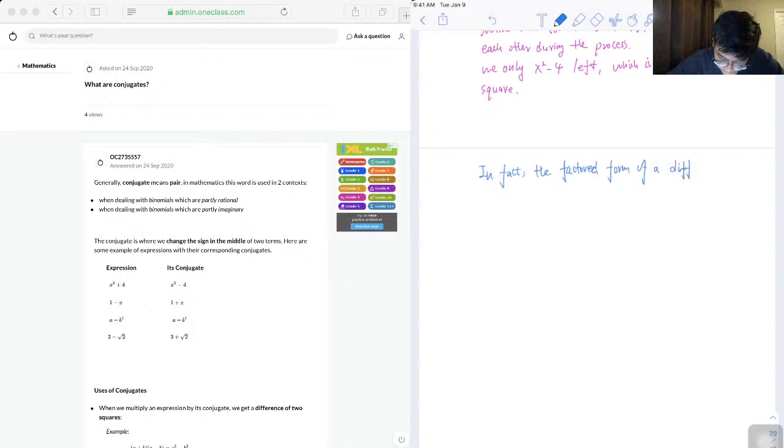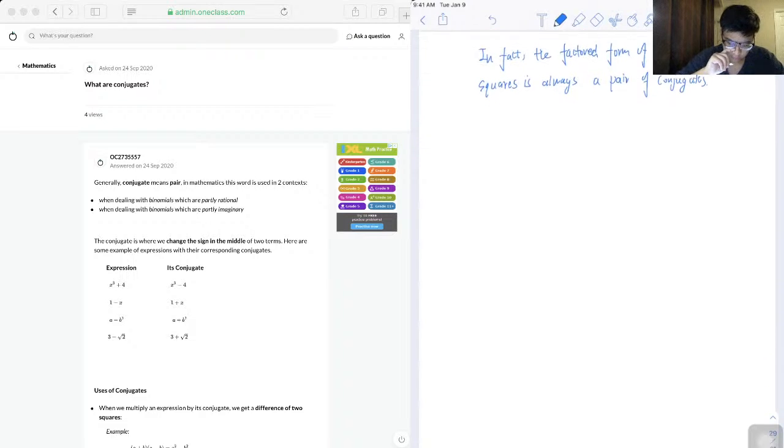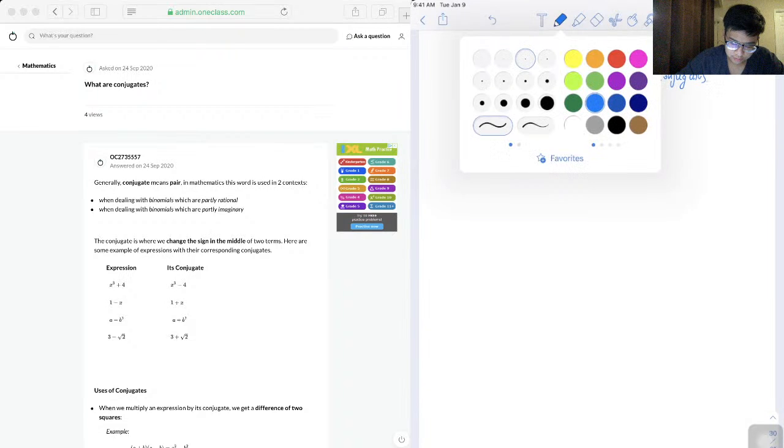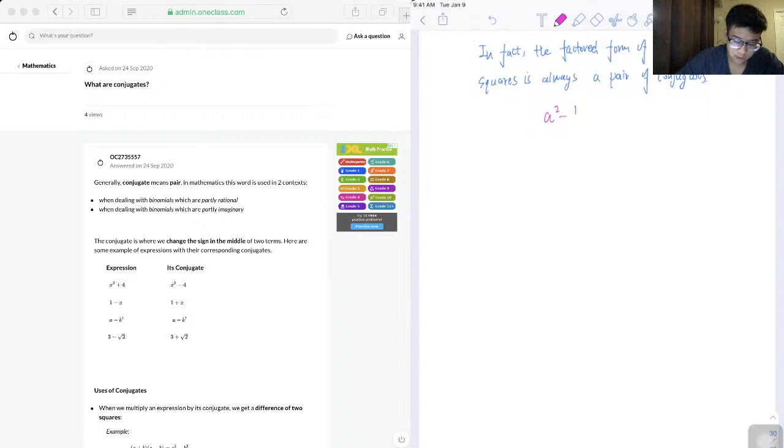A difference of 2 squares is always a pair of conjugates. So in other words, we can rewrite this as a squared minus b squared is equal to a plus b times a minus b. Right.